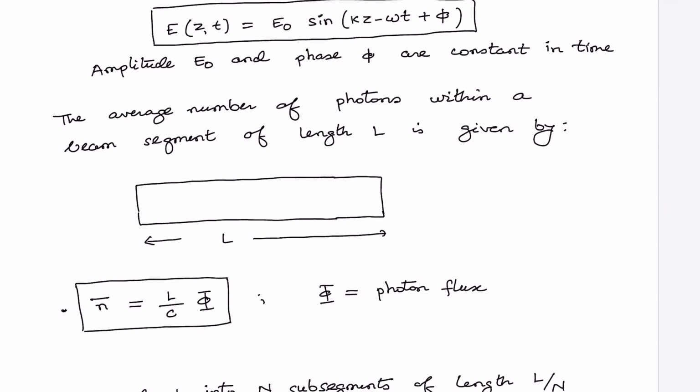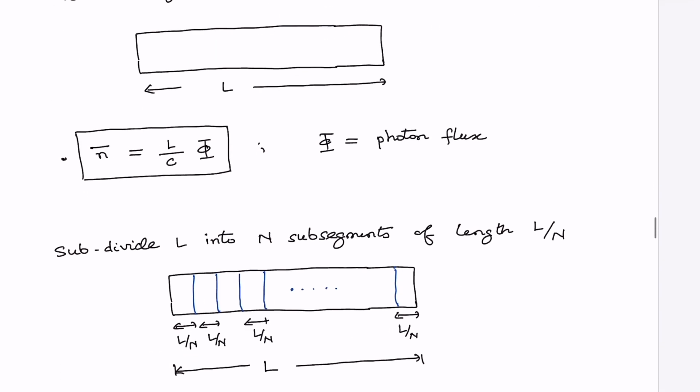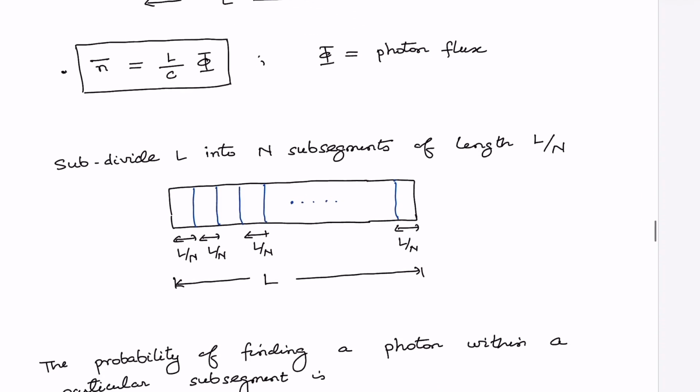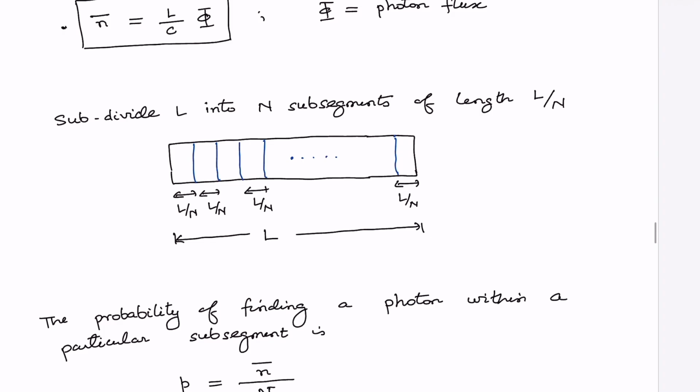Now subdivide L into capital N number of segments, each of the segments having length L by N, and assumed to be sufficiently small so that there is only a very small probability of finding a photon within a particular segment.